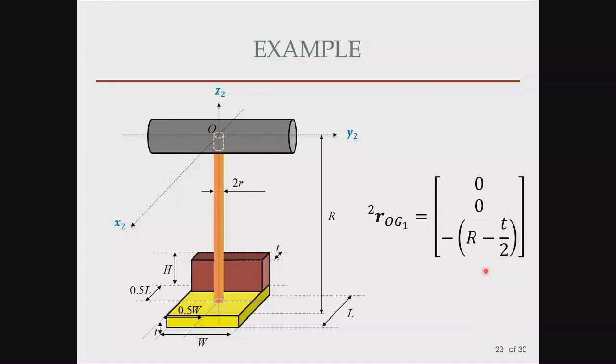And by how much? This is R minus half seat. And this will be my delta x, my delta y, and this will be my delta z when I substitute into this formula.